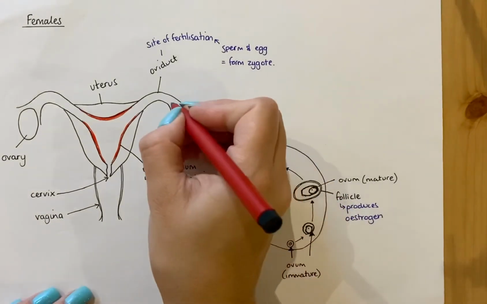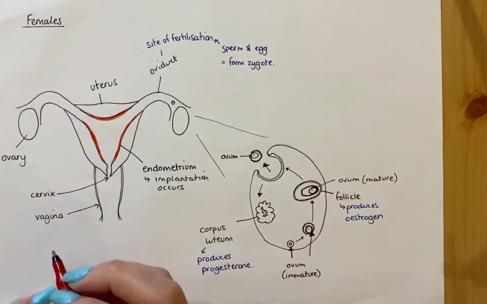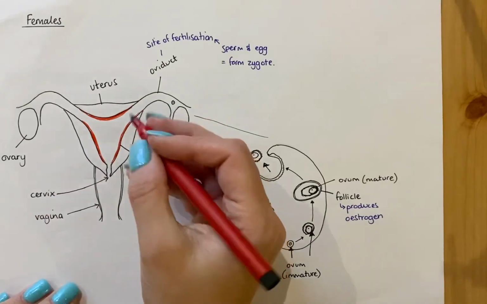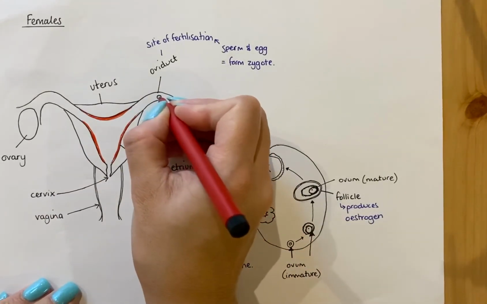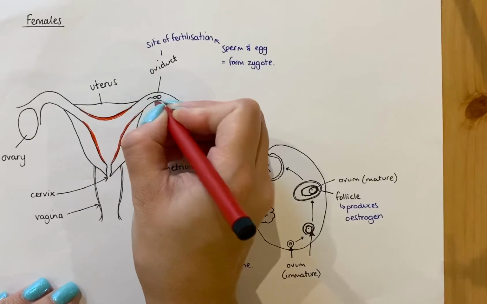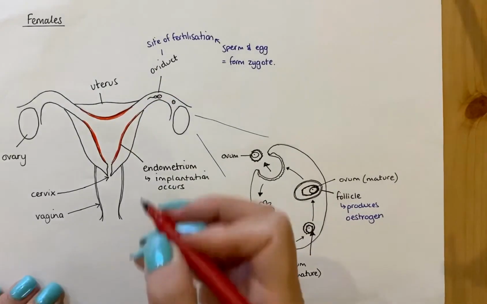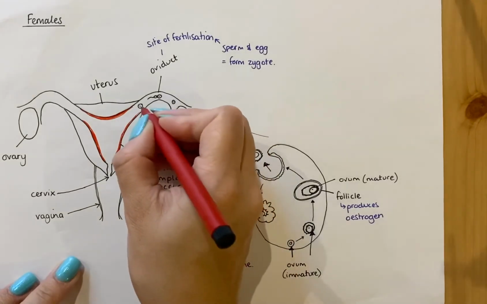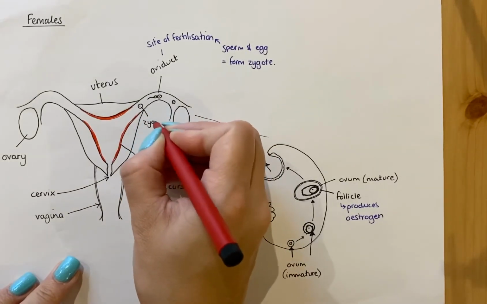So, to show you how that looks, that would be the ovum that had been released during ovulation. If sperm are present, the sperm would meet the egg, or the ovum, and it would fuse and form a zygote here. Okay, so this would be your zygote.